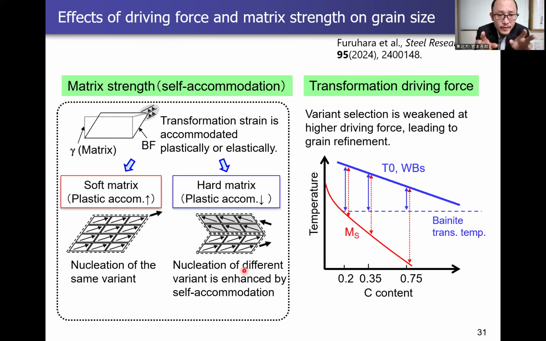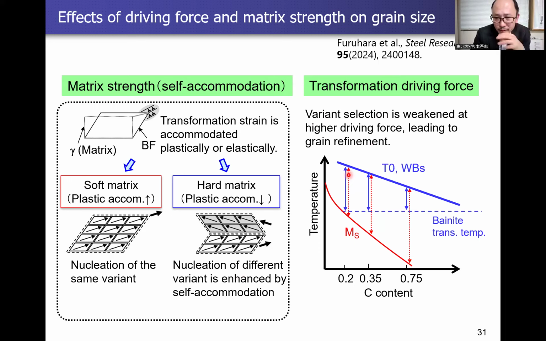So we consider the effect of the matrix strength and also driving force. As I explained, the soft matrix is favorable for plastic accommodation, and hard matrix induces self-accommodation. And of course, driving force is another important factor considering phase transformation.